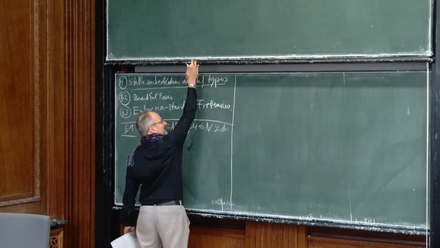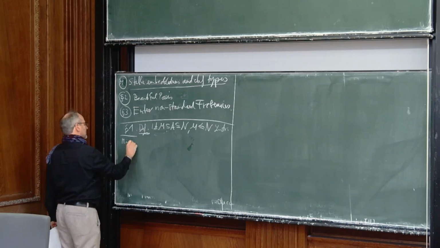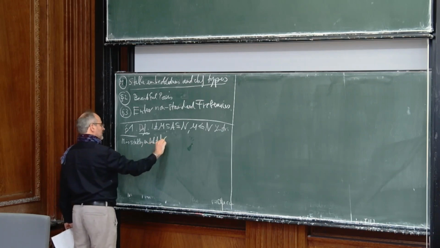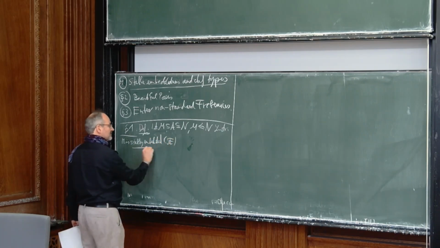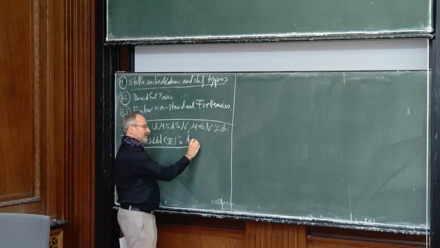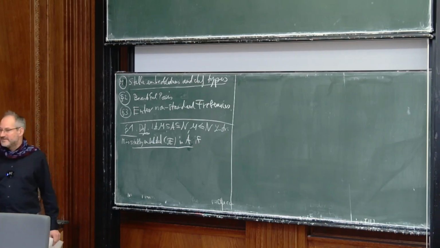Now let me say that M is stably embedded, I will abbreviate it as E, in A, if the trace of every A-definable set in N with M is M-definable.